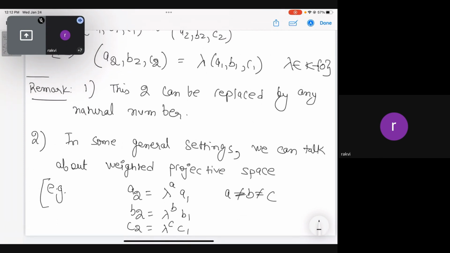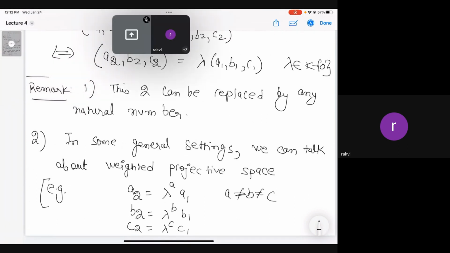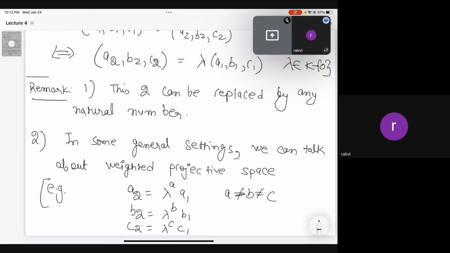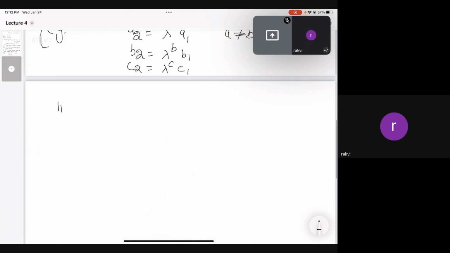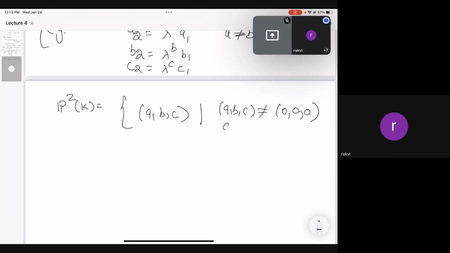So some observations about this P2 of K. Its elements are now this thing, (A, B, C), under some identification, of course. This is a condition, and these elements lie in my field.